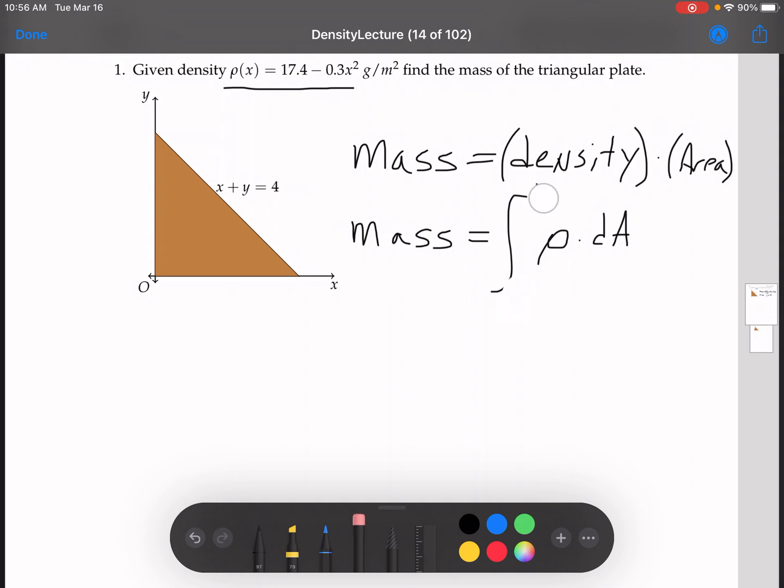So you can see the triangular plate. Let's see, our bounds are going to be from 0 to wherever our triangular plate stops. X plus y equals 4 has x and y intercepts at 4.